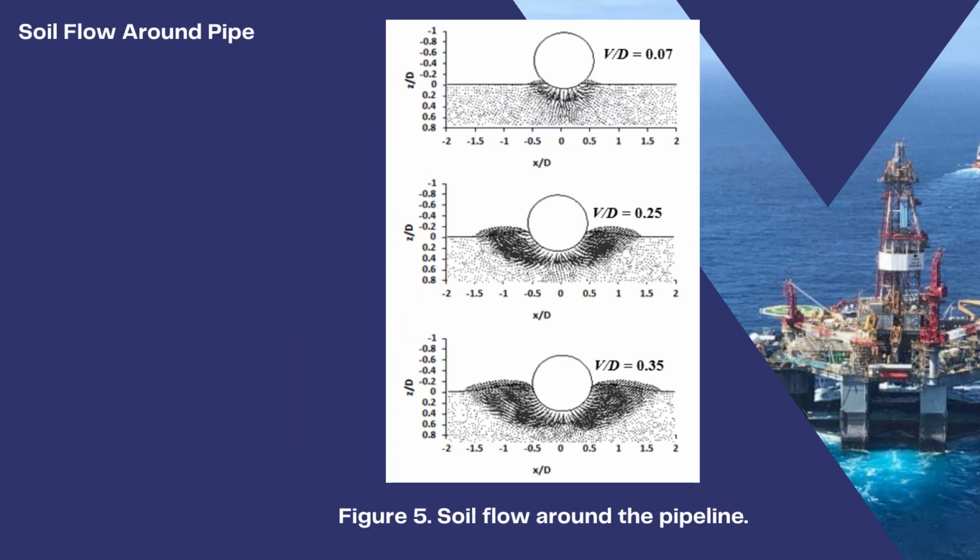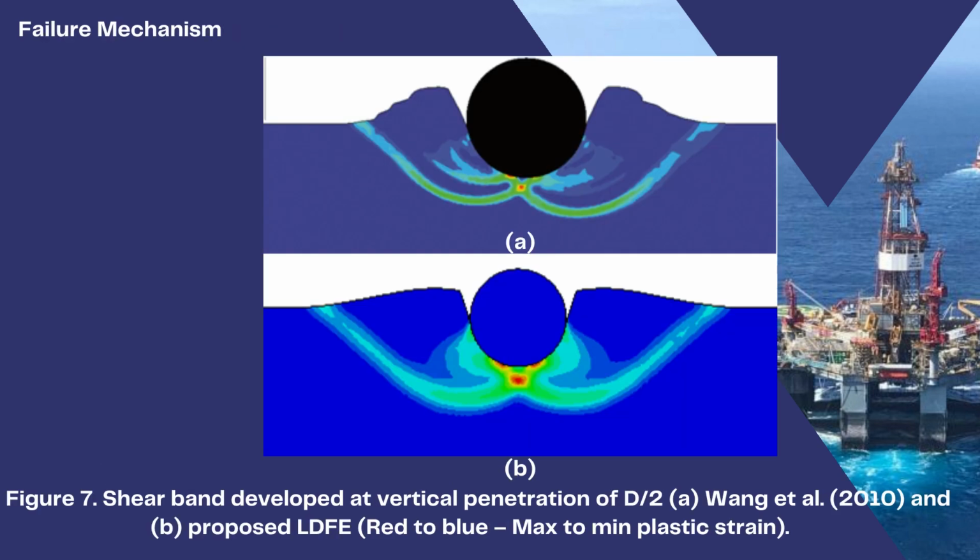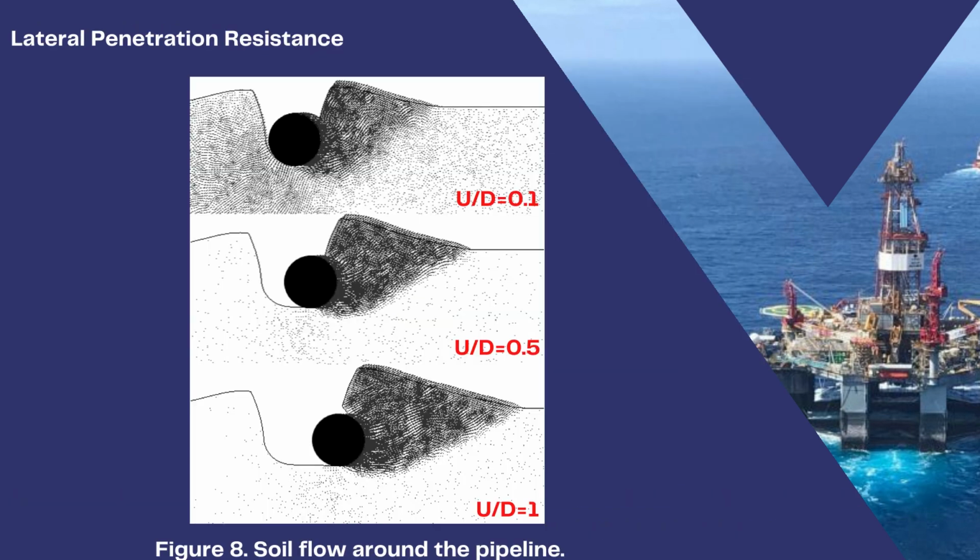This is the soil flow around the pipeline. Actually, these flow patterns match very well with the centrifuge model results. This is the pore pressure distribution. Then the failure mechanism. Again, it shows a fan-shaped area and a linear line moving to the surface of the soil.